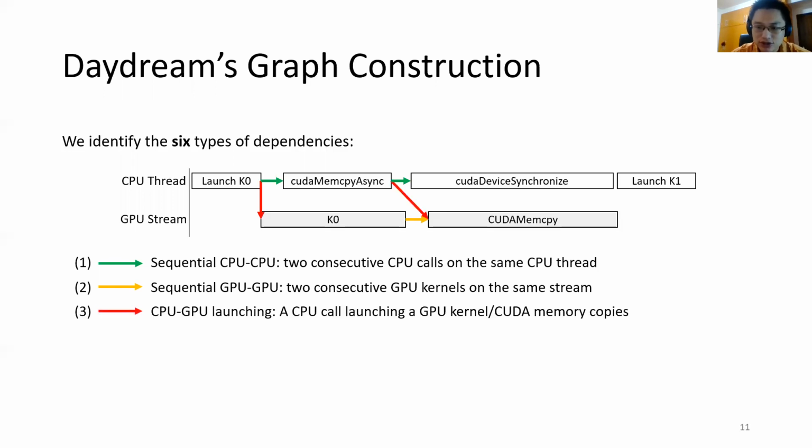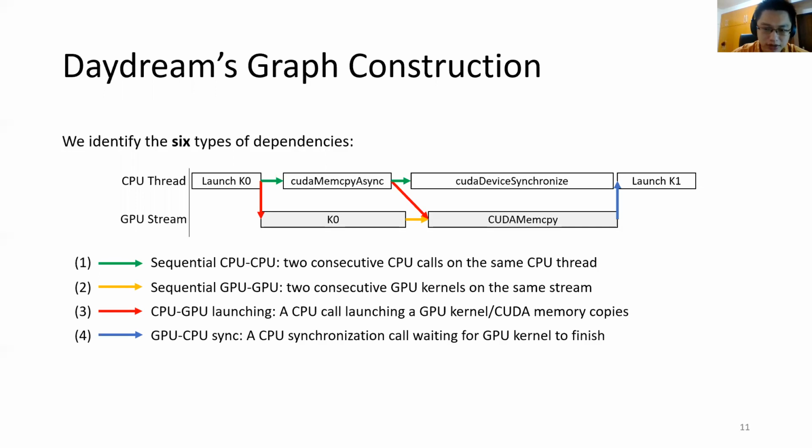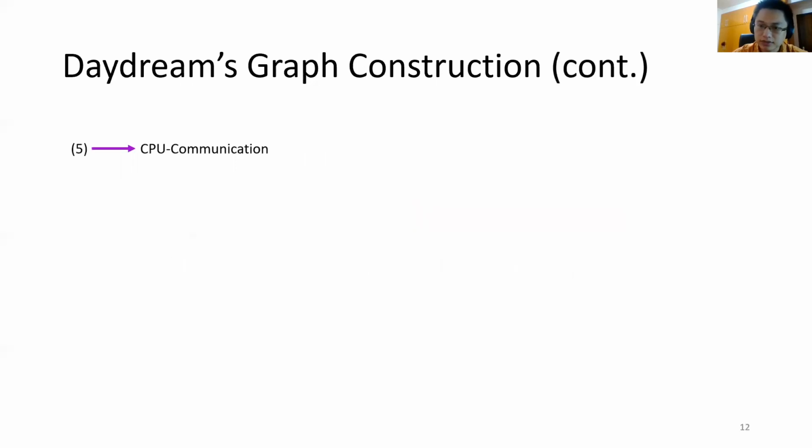Third, each GPU kernel or CUDA memory copy is invoked by a corresponding CUDA API, and therefore there should be a dependency from the launching API to its GPU kernels. Fourth, when calling a synchronization call on the CPU thread, the thread will wait for GPU kernels to complete. And this creates a dependency from GPU kernels to a CPU call.